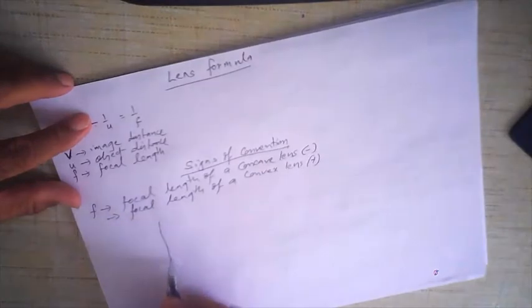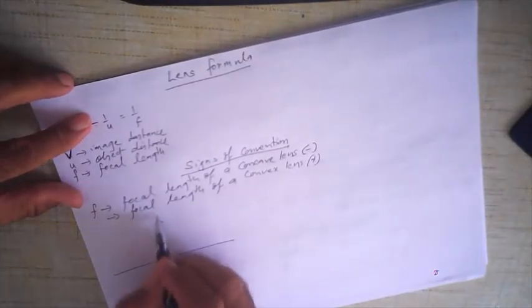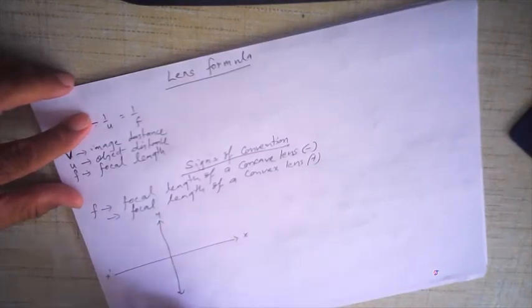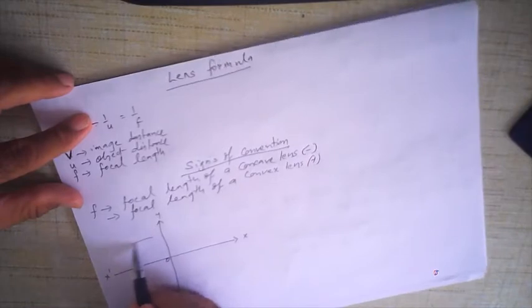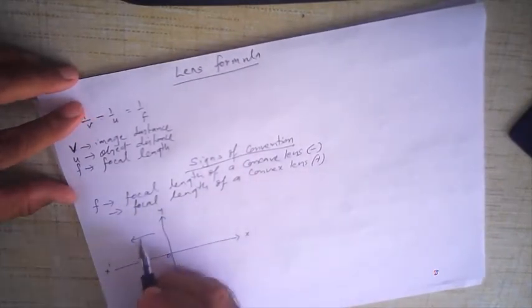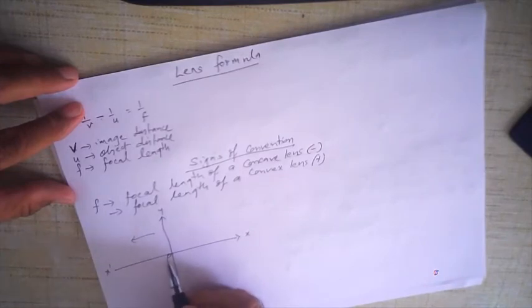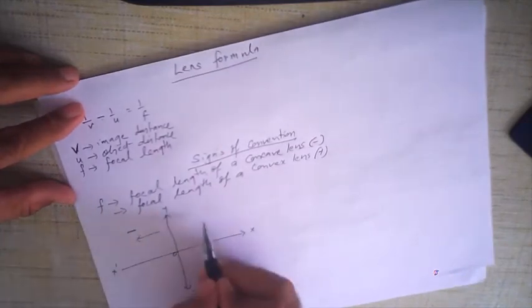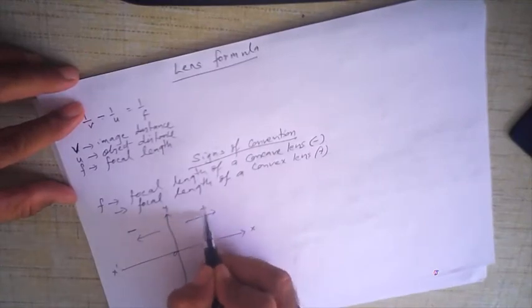If you take the principal axis this way, this is your x-axis, and this is your y-axis, this is your origin. Now, distances measured from the pole of the lens on this side are always taken as negative. If measured on this side, it is taken as positive.